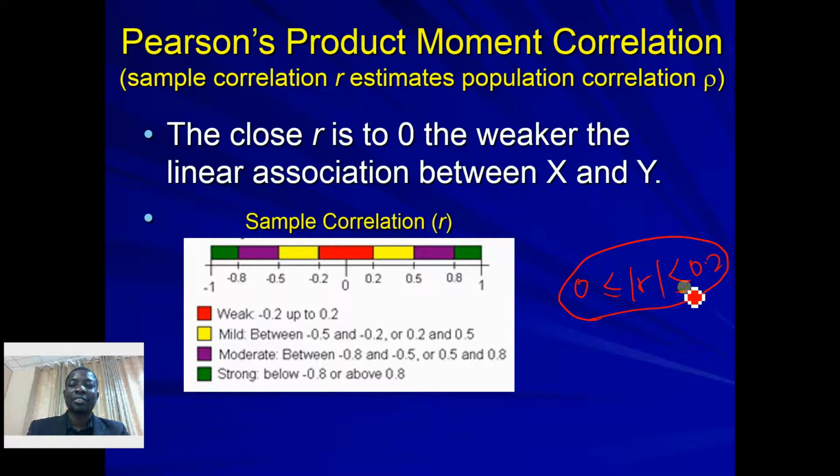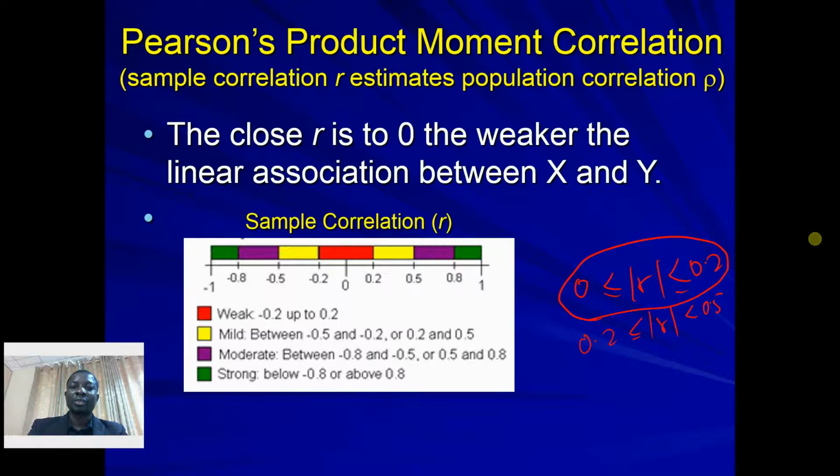So if it is negative, you only take the absolute value. We are looking at the magnitude of it here. The same way, if your correlation coefficient r is between 0.2 and 0.5, then you will say that it's mild. So if you have, say, negative 0.4, it's a negative association and mild.